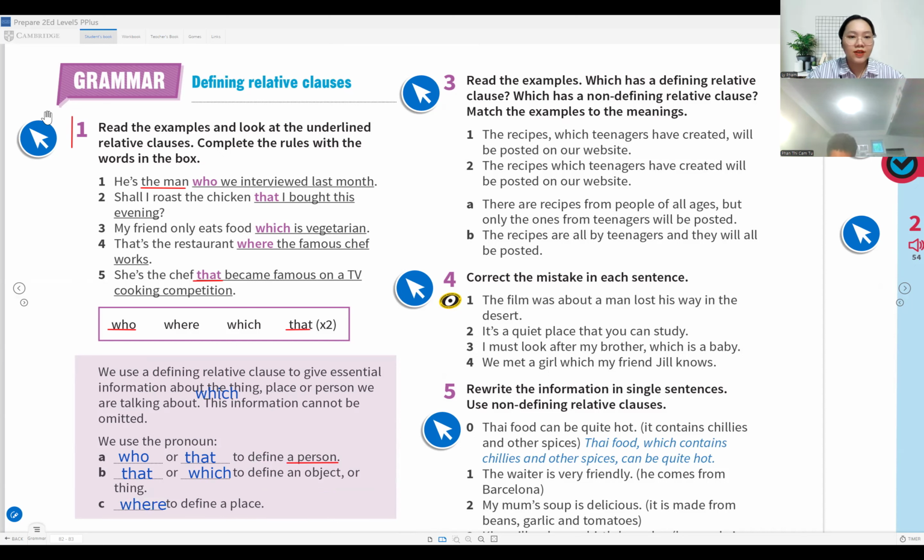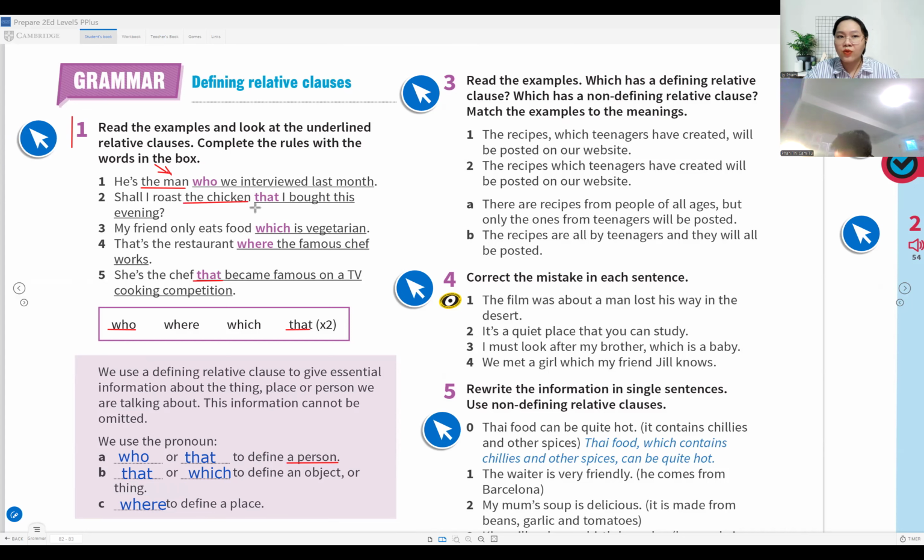Right. And let's take a look at these five examples and these rules again. So this part is about defining relative clauses. After doing the first one, we will know that defining relative clauses give essential information about a noun, right? For example, number one, the man, and then we use who we interviewed last month to give essential information about this man. Or I roast the chicken, and what kind of chicken?